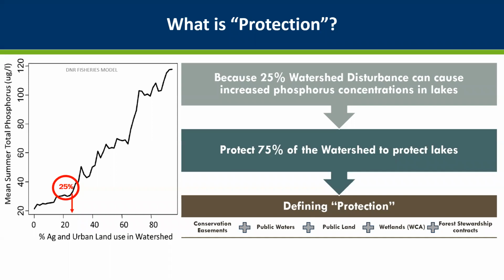So when we say wetlands, we include wetlands because Minnesota has a very strong Wetland Protection Act, and it's very hard to mess with any amount of wetlands in Minnesota, and even then you're usually required to replace. Forest stewardship contracts, that's a program we call SFIA, and that is a state program, Sustainable Forest Incentives Act.